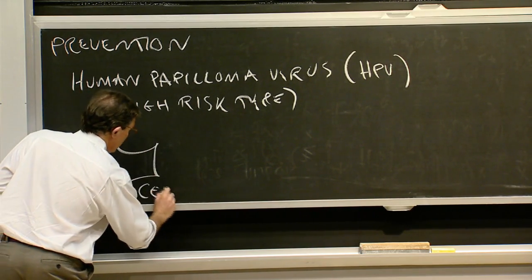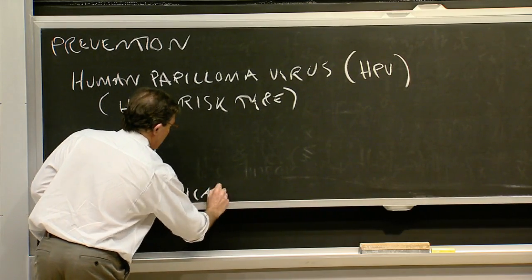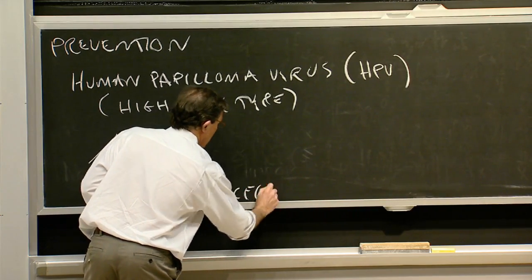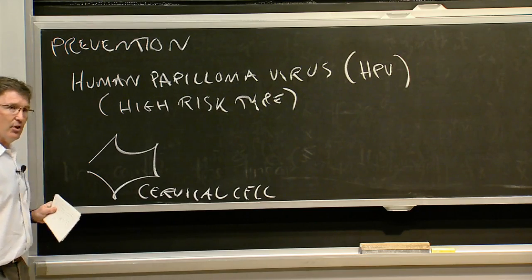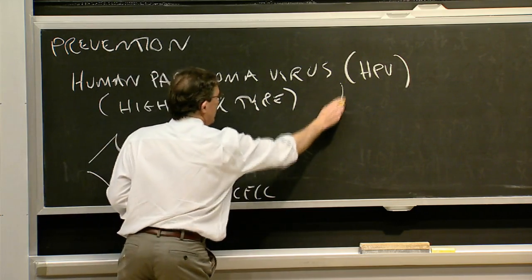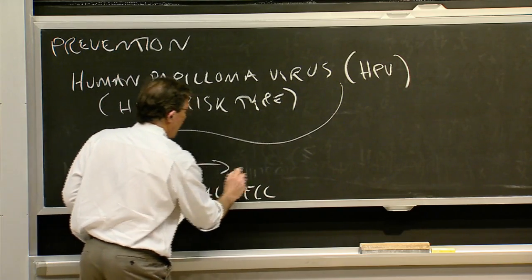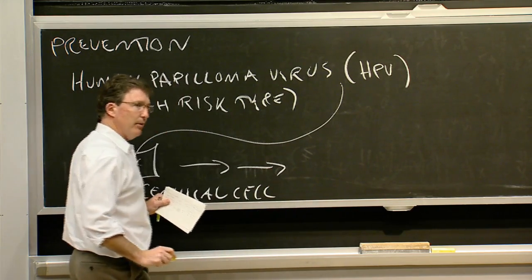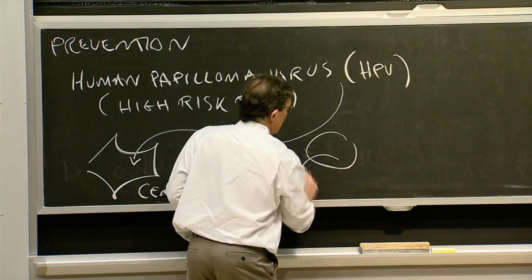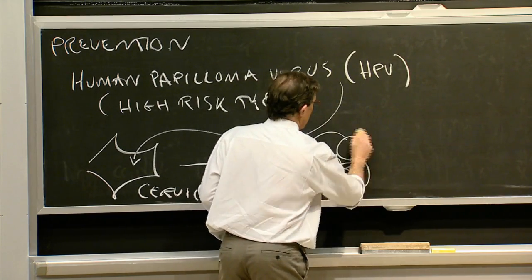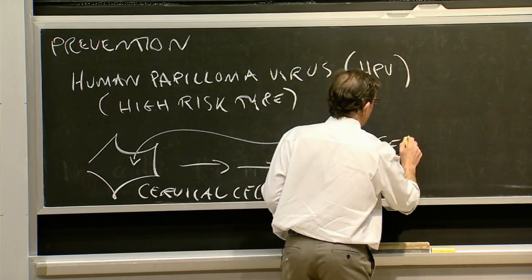And what we know is that a normal cell of the cervix, when infected by the human papillomavirus, will, at some frequency and after a period of time, develop into cervical cancer.